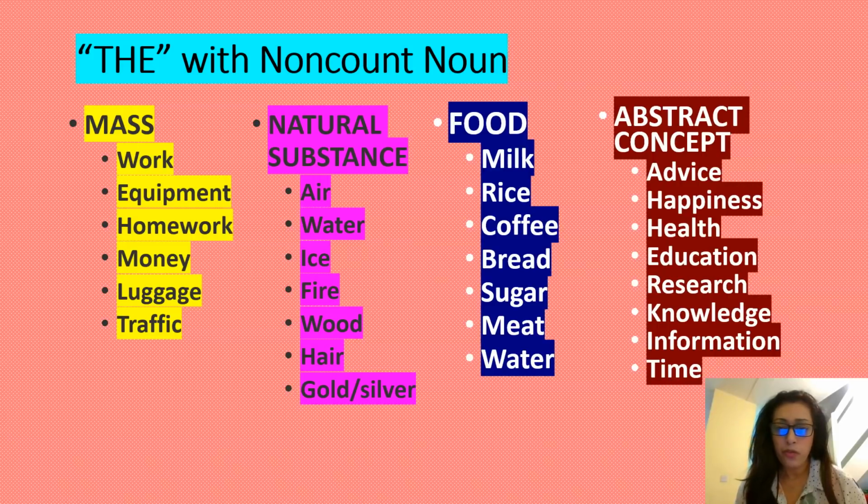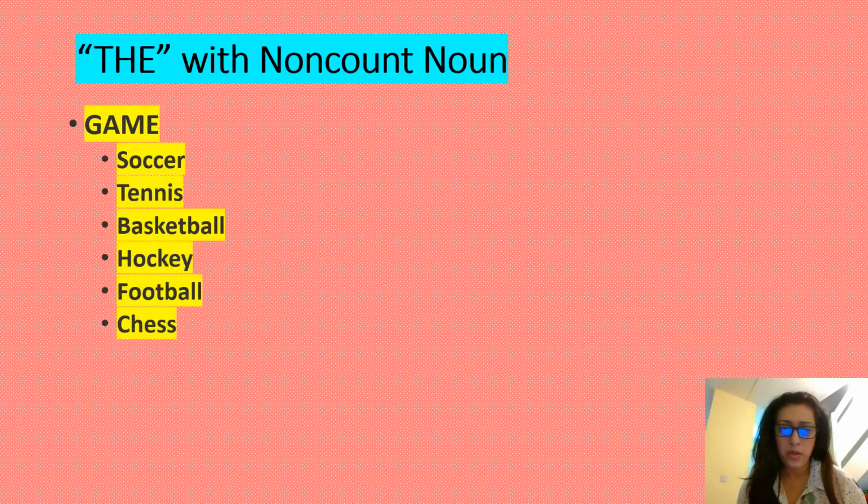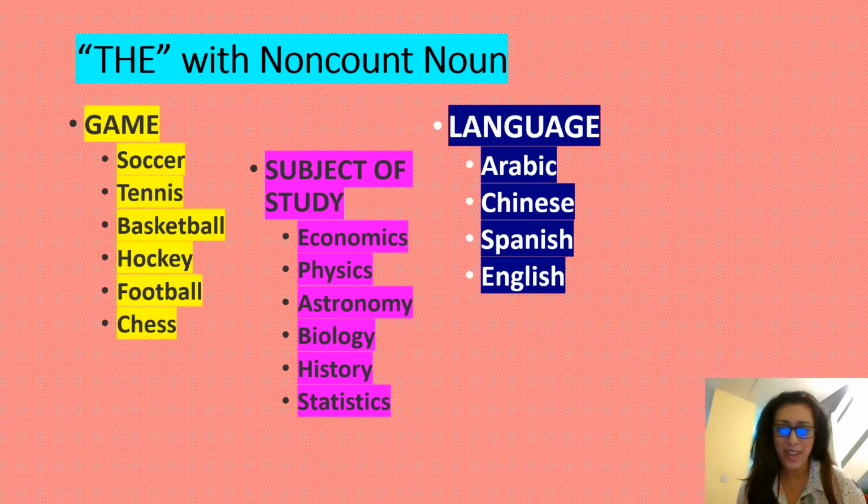Then we use it with food, milk, rice, coffee, bread, sugar, meat, water. And we use it with the abstract concept like advice, happiness, health, education, research, knowledge, information, time. So we have another list to go on.